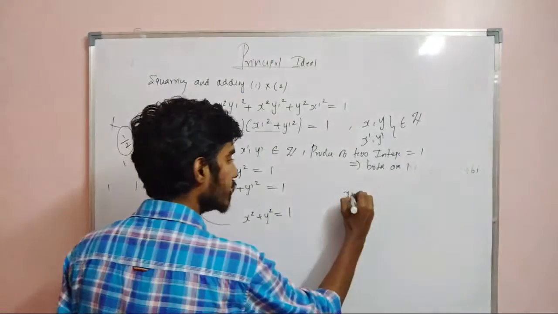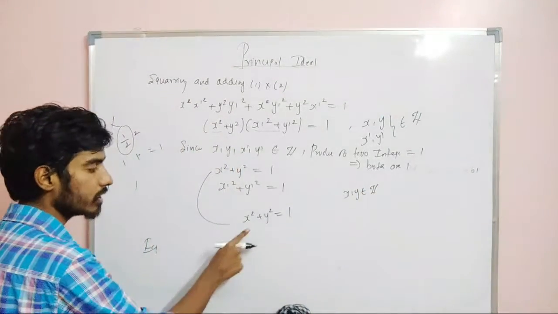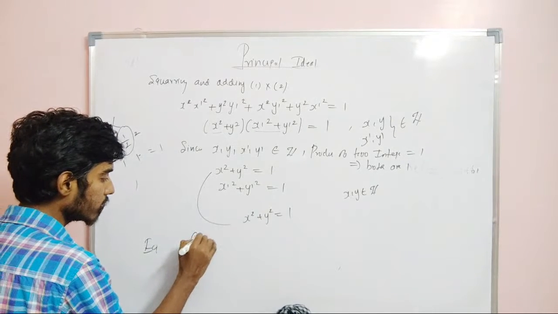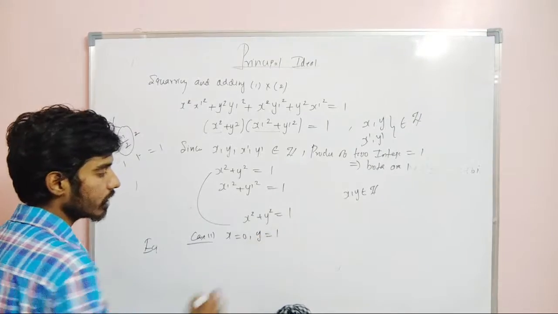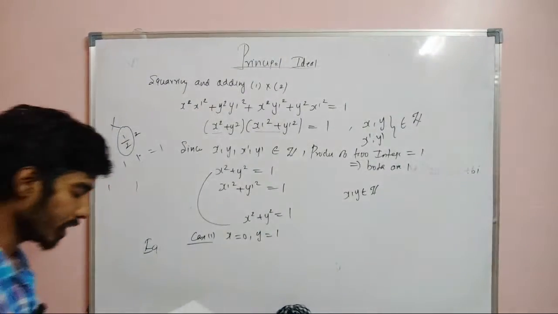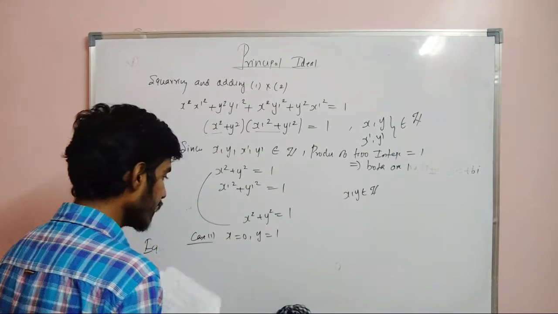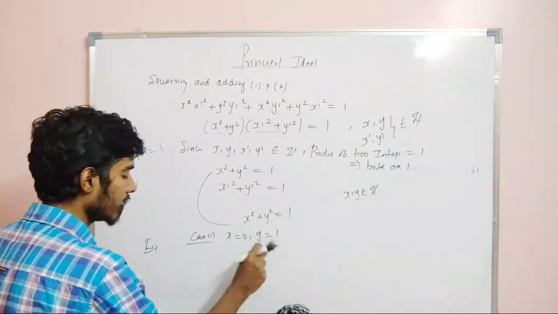Here x and y are integers. We are squaring and adding two integers and getting 1 as an answer. So case 1, x can be 0, y can be 1. And case 2, y can be 0, x can be 1. These are the two possible choices.